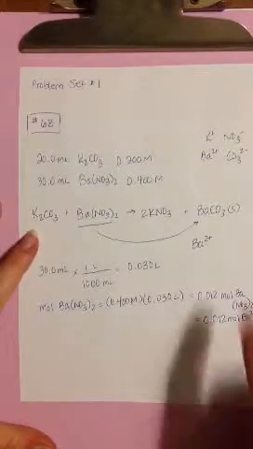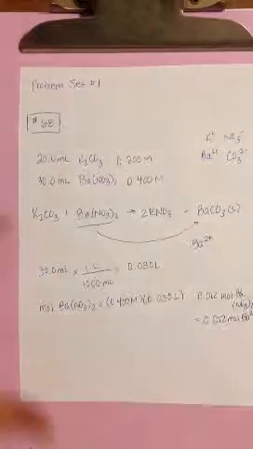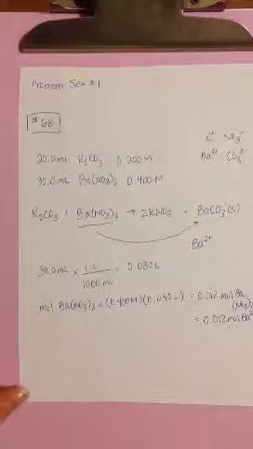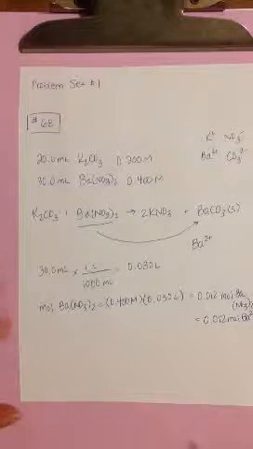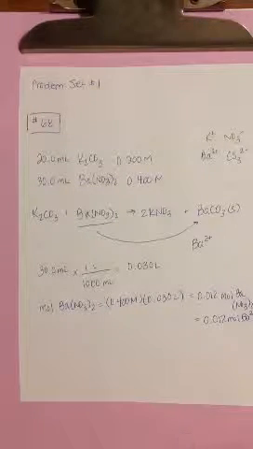Now let's figure out how much Ba goes into the barium carbonate when it actually reacts. So this is a limiting reactant problem essentially. I have 2 different things.